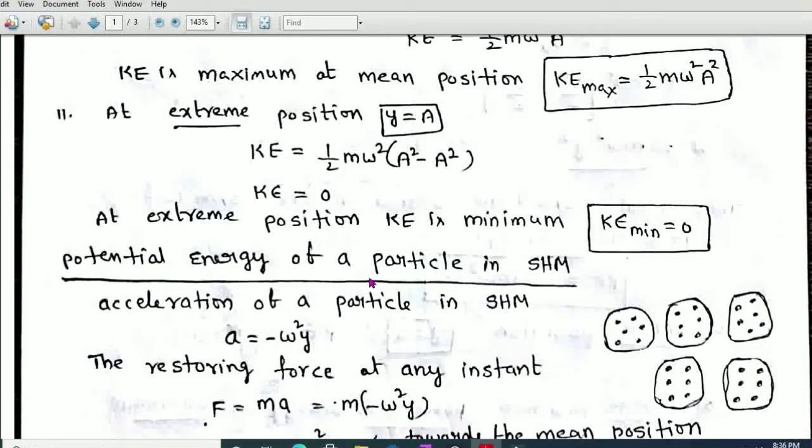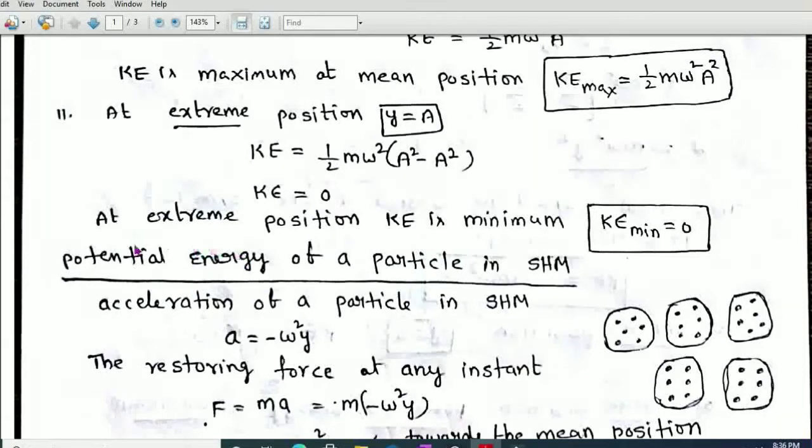The work done in displacing the particle is stored in the form of potential energy. So to find the potential energy, we need to find the total work done in displacing the particle from the mean position to some position.